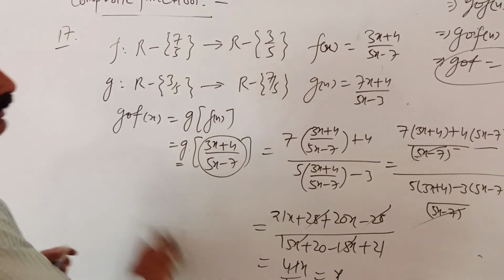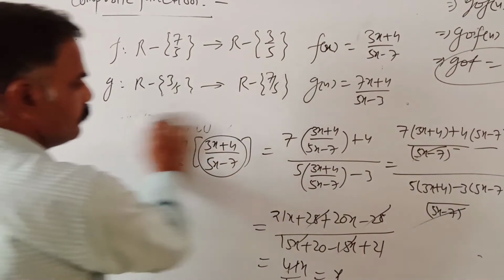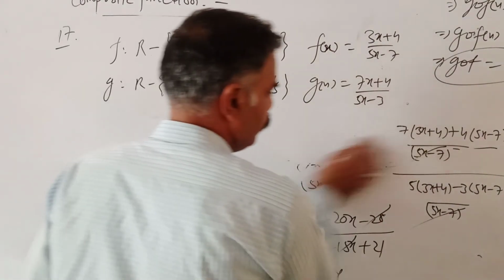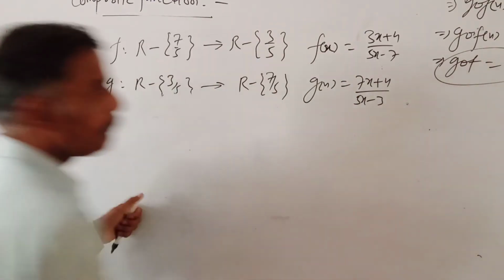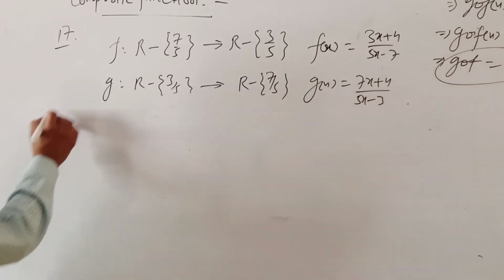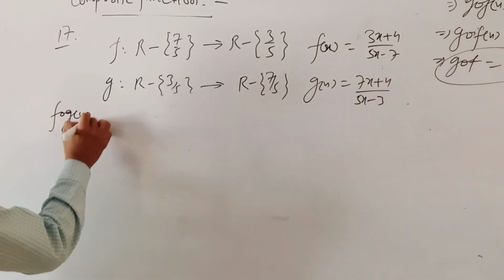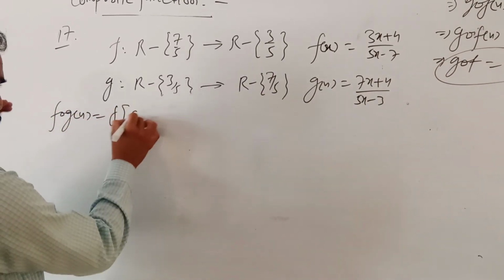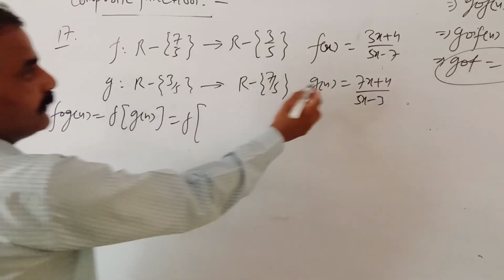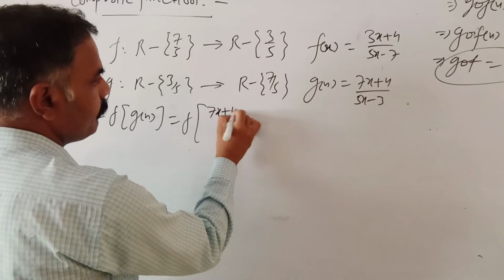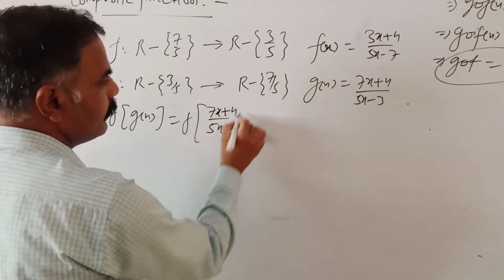So now we will find fog of x. fog of x equals f of g(x), where g(x) is (7x plus 4) upon (5x minus 3).